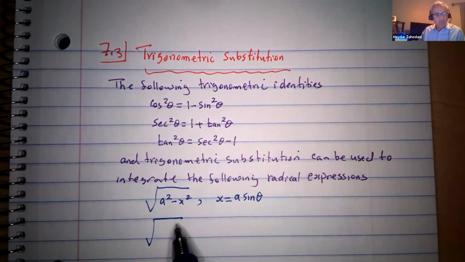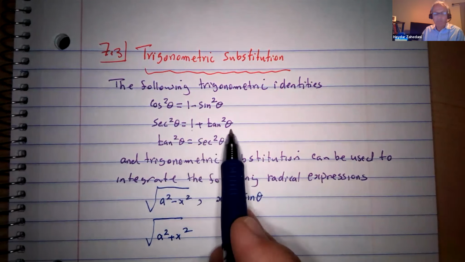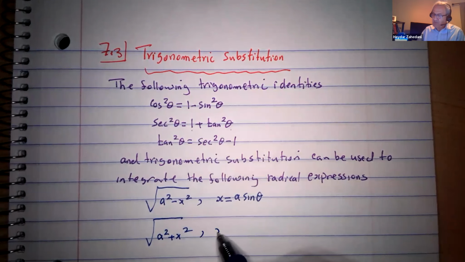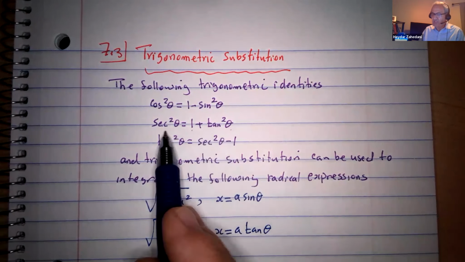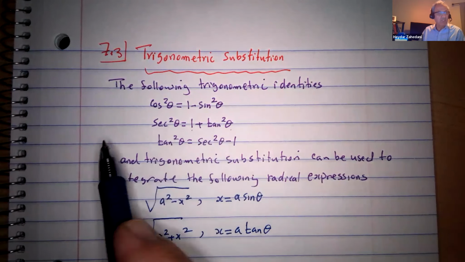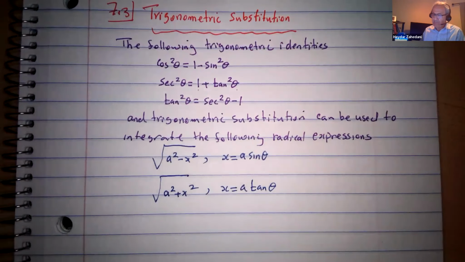For the second format, if you have a squared plus x squared, you're going to use x equals a tan of theta, because when you substitute, you end up with secant squared, you take the square root and you're done.